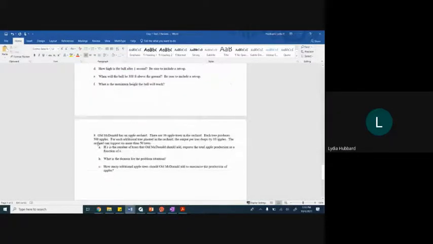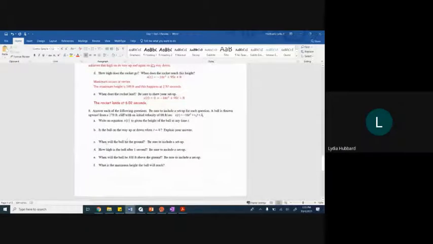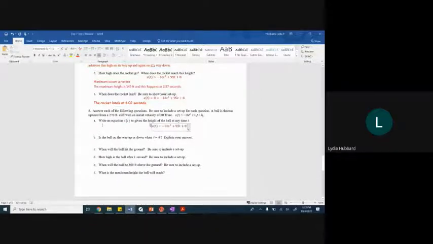Okay, moving on to number 8. Answer each of the following questions. Be sure to set up for each equation. A ball is thrown upward from a 270-foot cliff with an initial velocity of 80 feet per second. Write an equation. So again, we're going to take the same equation we've been using for the last two and plug it in there.